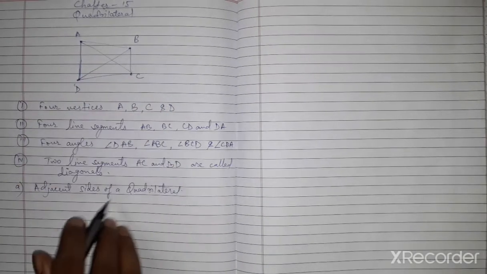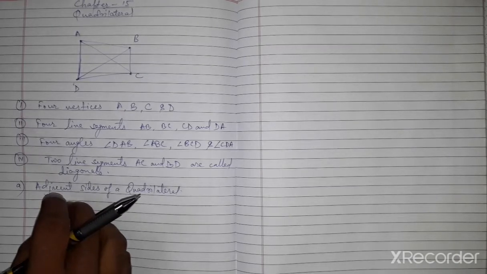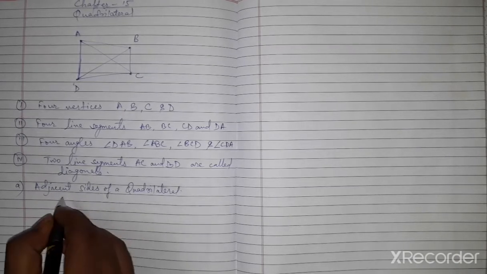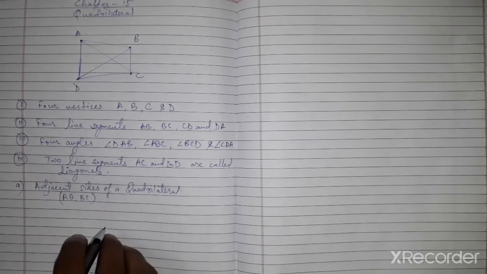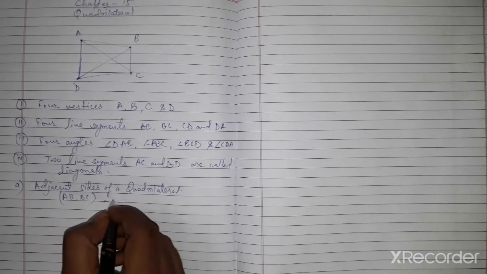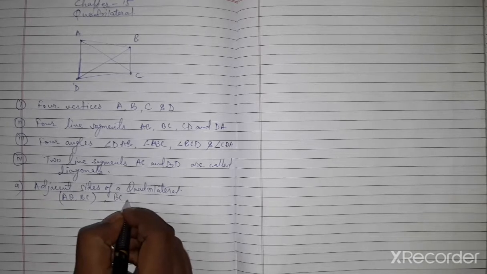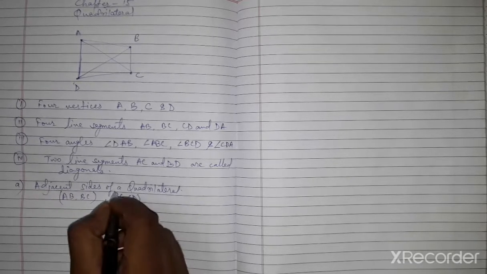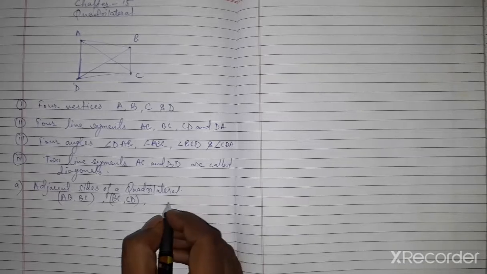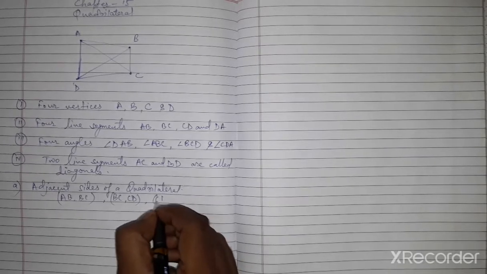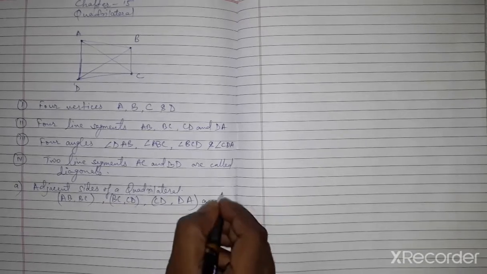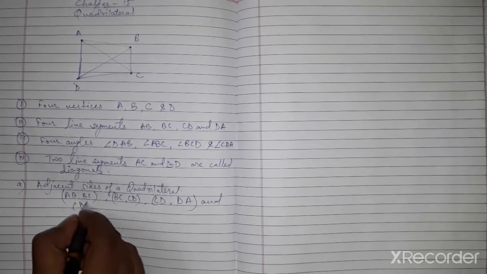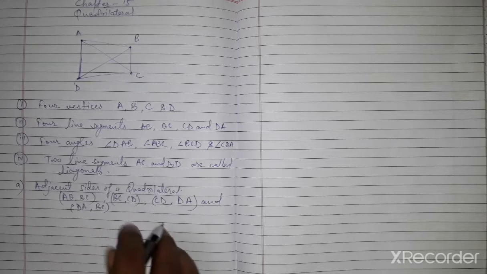In this quadrilateral ABCD, the adjacent sides are AB, BC; BC, CD; then CD, DA and DA, AB.